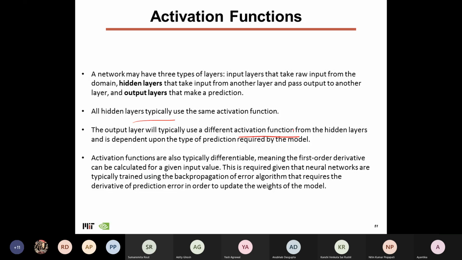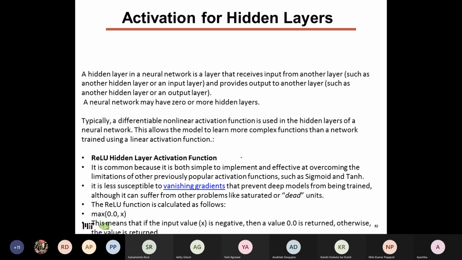This part we will talk about a bit later, the differentiable requirement or derivative calculation of the activation function, when we talk about back propagation. For hidden layers, in general we use ReLU.